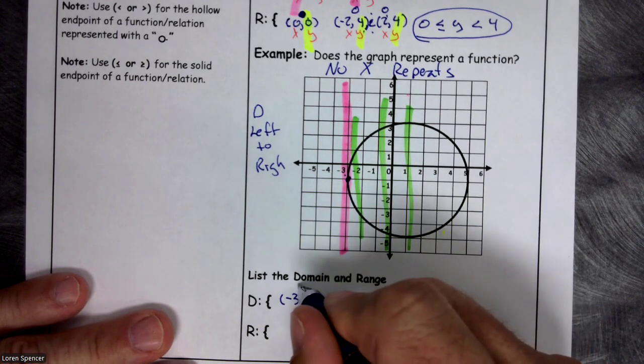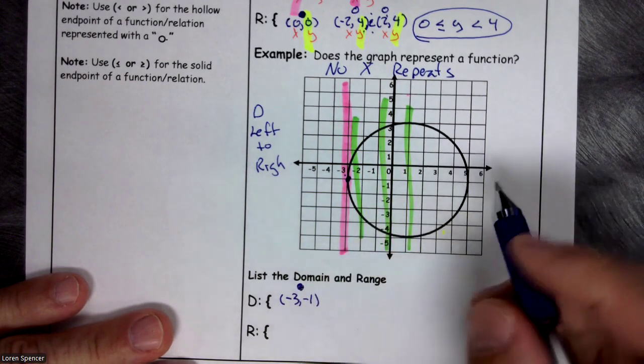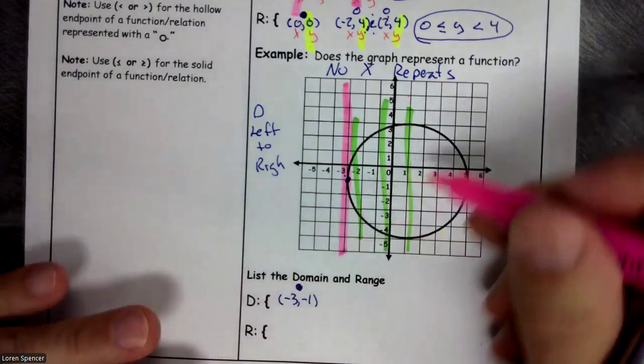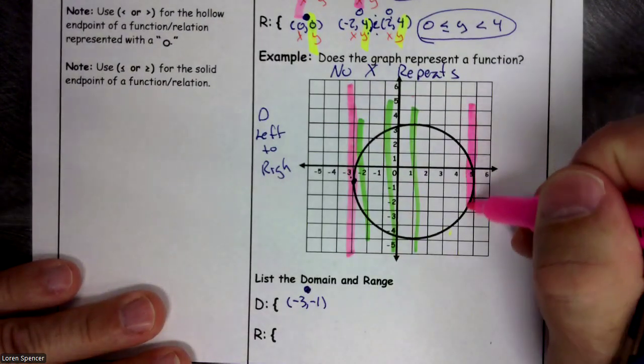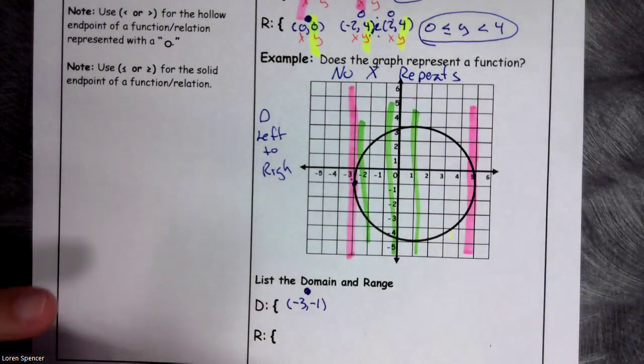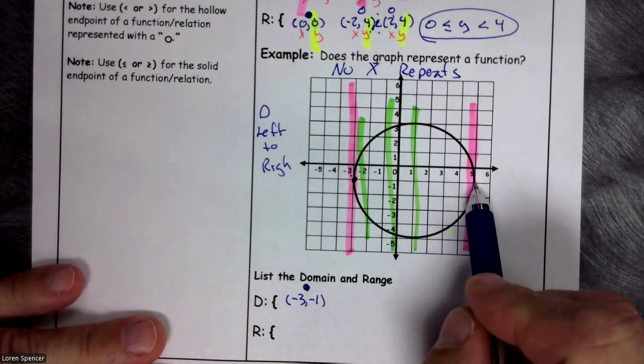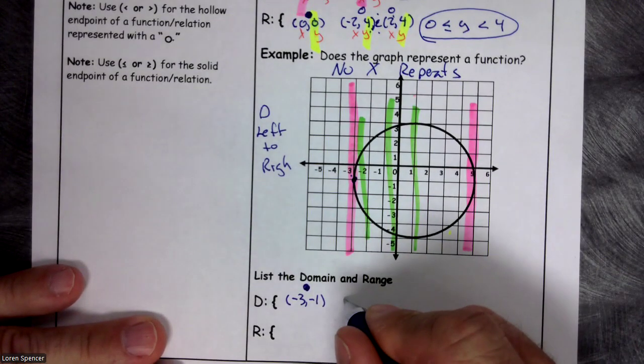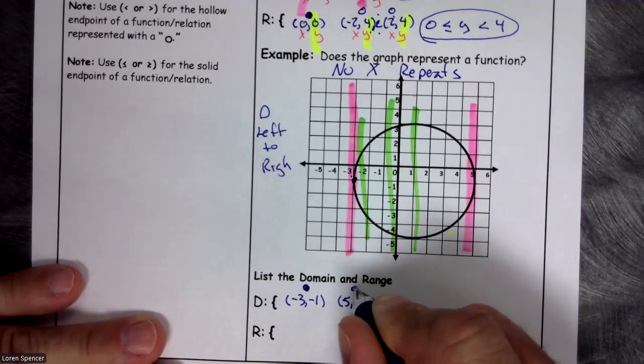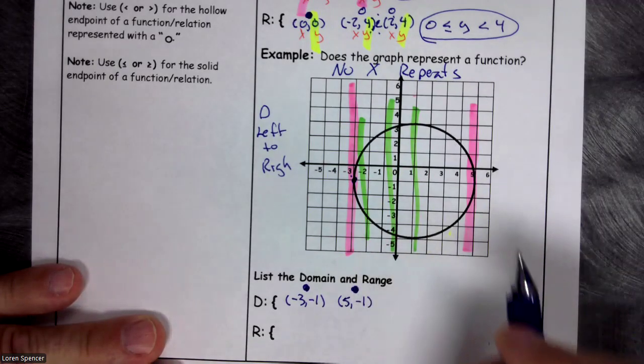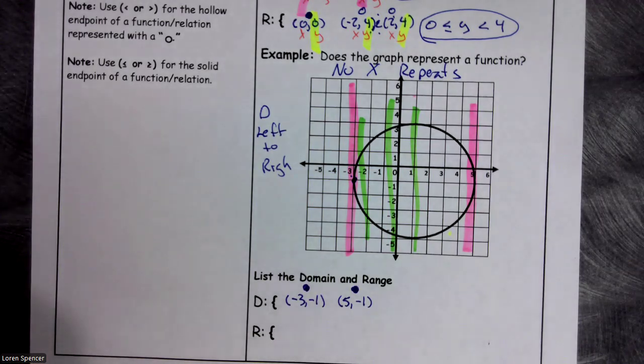It's a solid line, so it gets a solid dot. Okay, furthest to the right looks like it occurs at 5, -1, and it's a solid line, so it gets a solid dot.